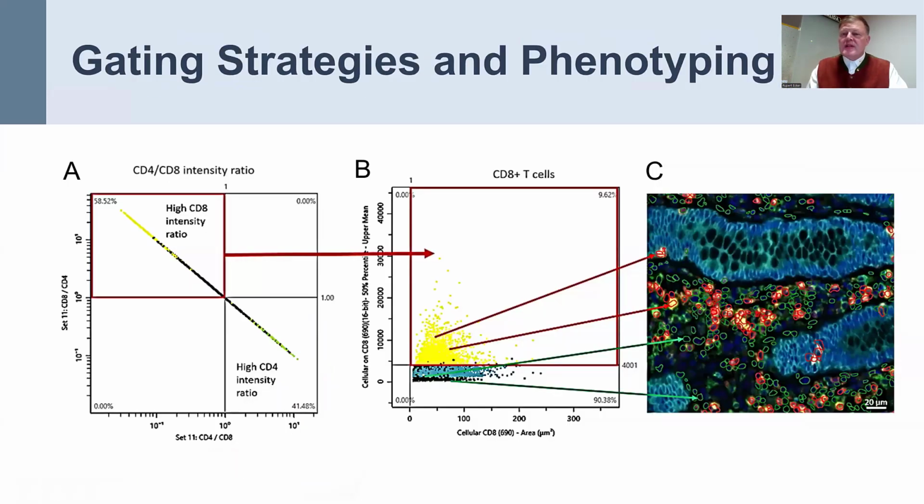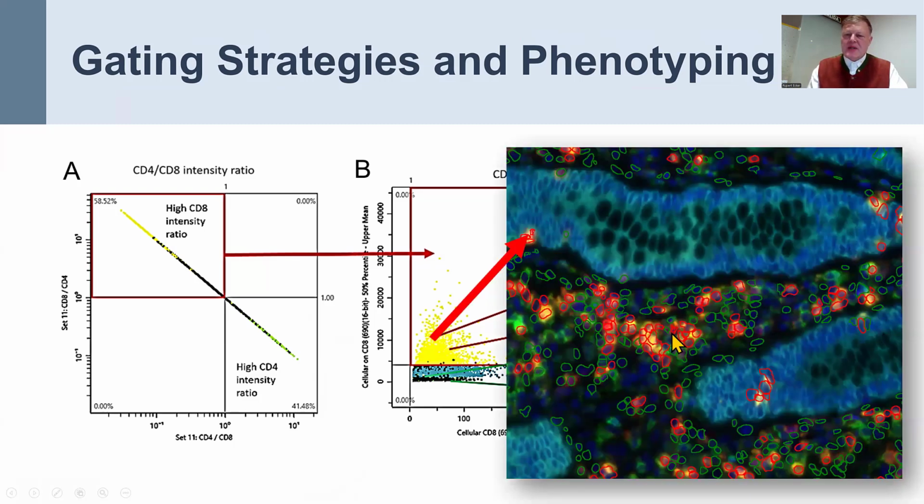And then we do the single cell analysis. We have the link between the scatter plot and the histological sample. We know where the different cell types are. As you can see here, subpopulations of cells are identified and visualized with different colors.